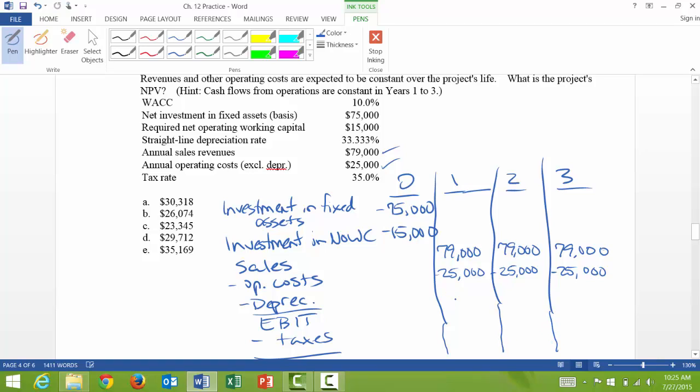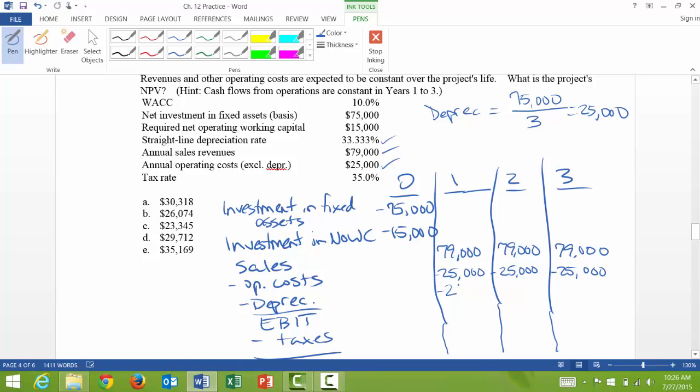And then depreciation. Let's see, straight line depreciation, so it's going to be an even amount. For depreciation, if it's straight line, we should just take the amount of depreciation divided by the number of years. So it'll be $25,000 each year. And the cat's still jumping.